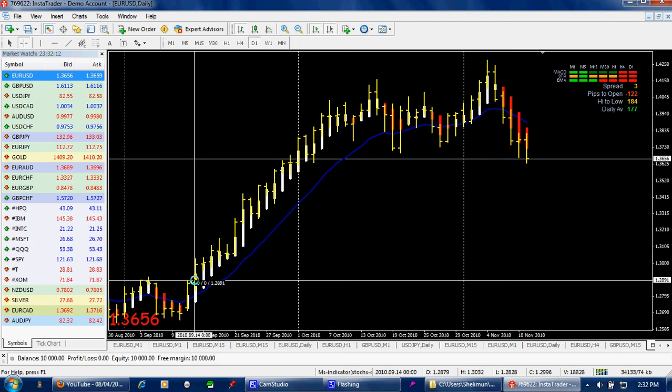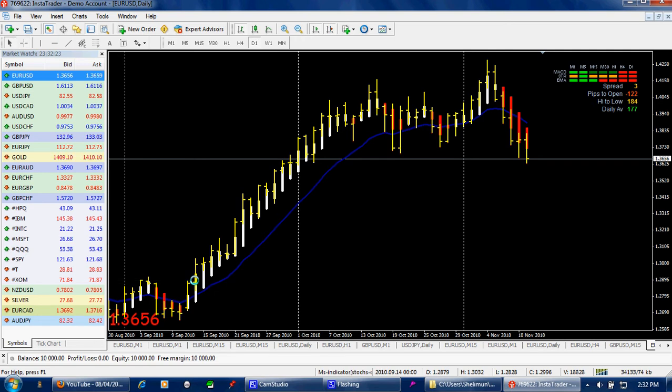Now as far as money management, I usually have a 200 pip stop loss and a 200 pip profit. The way I do it is I usually have two open lots, or if you have a smaller account, you would do two mini lots.